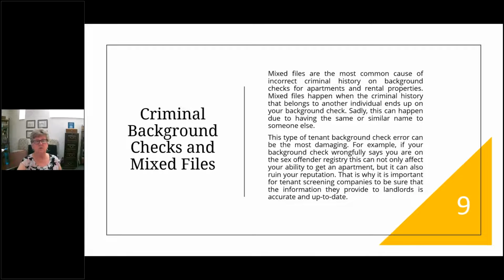Sometimes with a criminal record, you've had the record expunged, but somehow it's still on that report. You have the right to get that off of there. So keep all that in mind for sure, because this is really the most damaging kind, having a criminal history. We have an example here that if they say that you're on the sex offender registry, obviously that's a real problem with getting housing. And so that's why it's really important to check. You just never know what the bad information was.